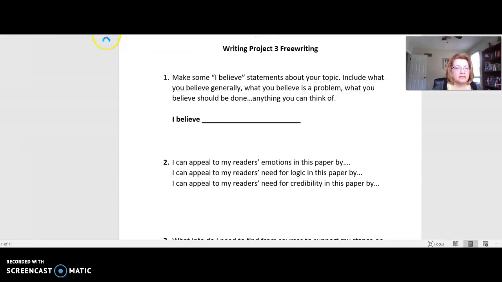And we had like these 3 different prompts. So the first one was to just think about your topic and write I believe statements. What is it that you really believe about this topic? So start there, write 1 and then go on about it, write several, however they wanted to do that, but that's a way to get your feelings out.